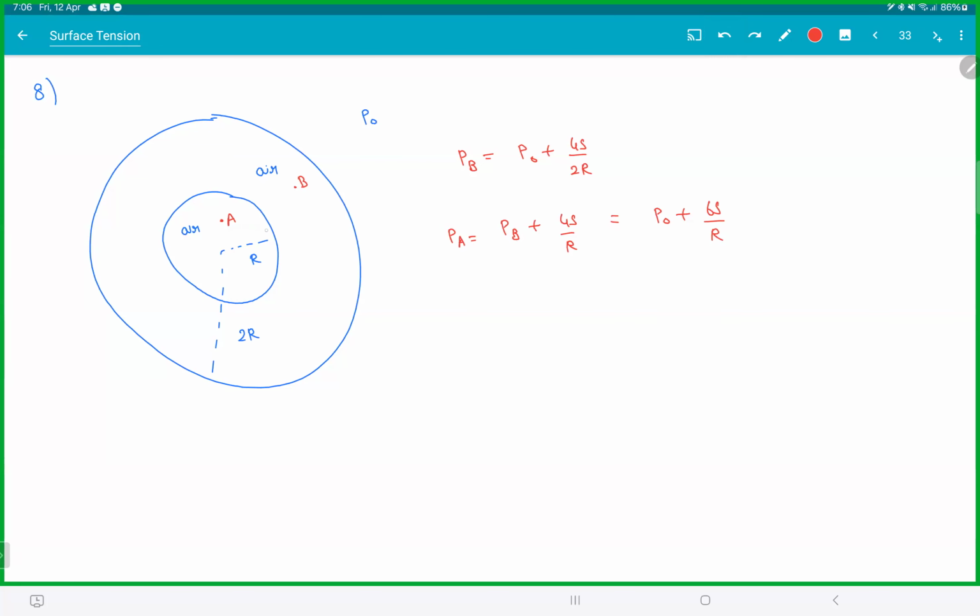Tell me one thing, when you pop this bubble, what remains constant? Total volume of air inside? Volume, seriously? Number of moles. Moles of air. Number of moles will remain constant. Now try PV is equal to nRT.